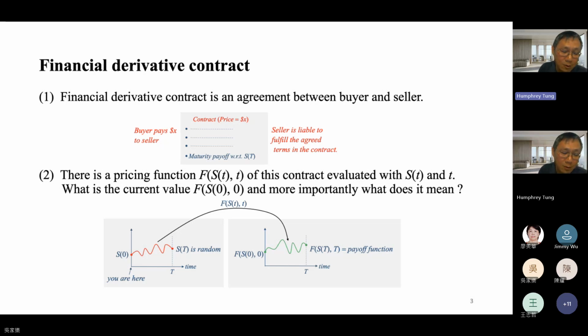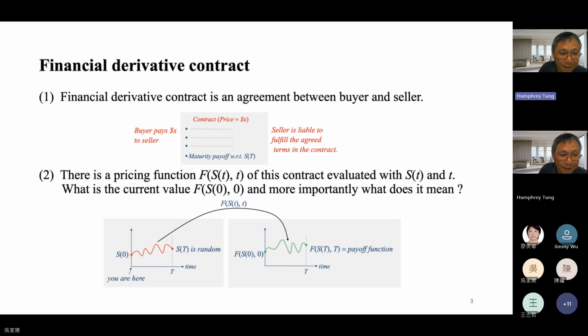In terms of the mathematical model, it's according to the option pricing model. For this contract at current time, if you know the current price of the underlying asset at time 0, there will be a formula in which you plug in t equals 0, the current time, and the current price, and that will give you the current value of this contract.